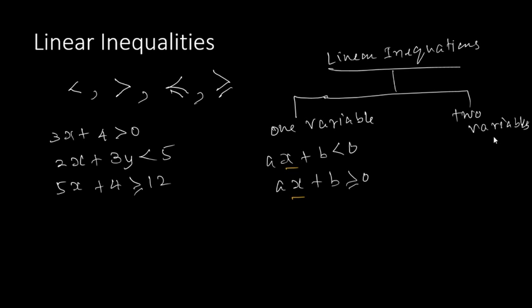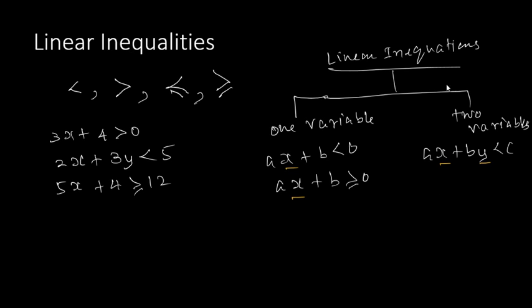Whereas in the case of two variables, you will be having x and y. For instance, ax plus by is less than c. So here we have x and y variables. There are two variables.